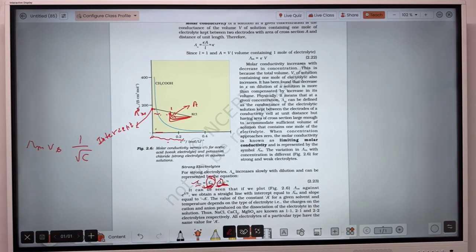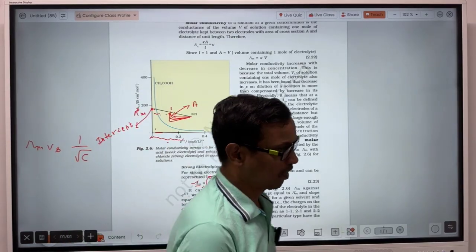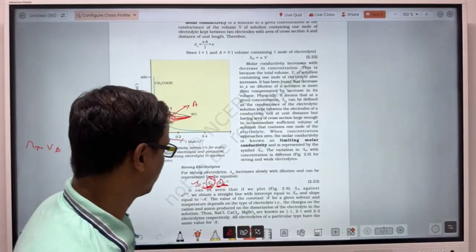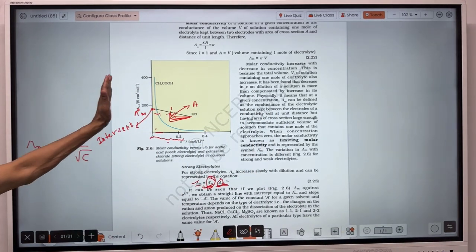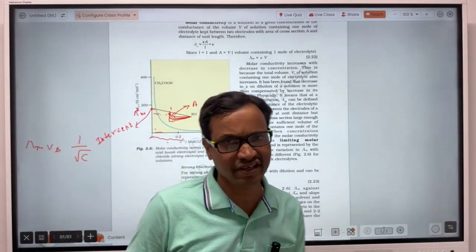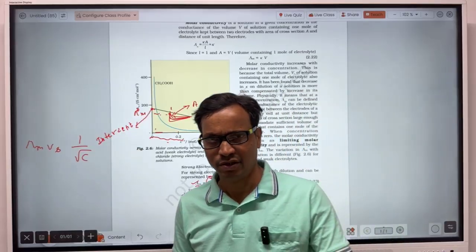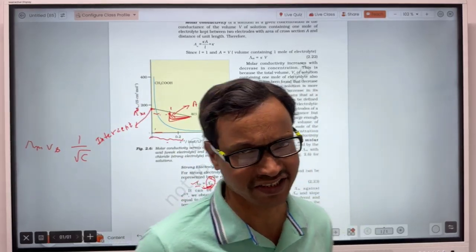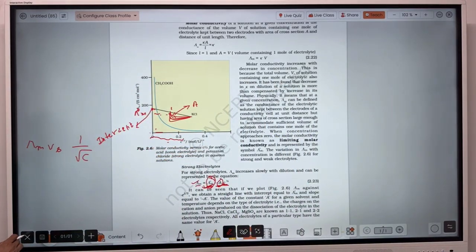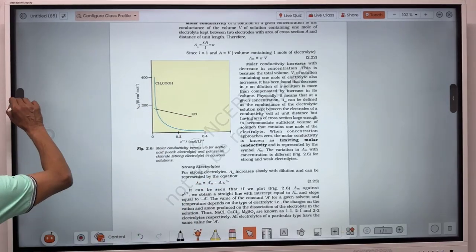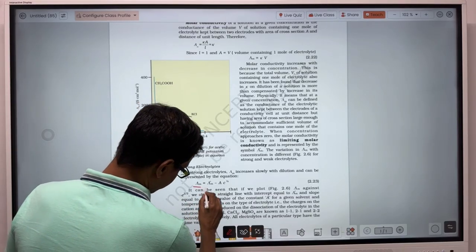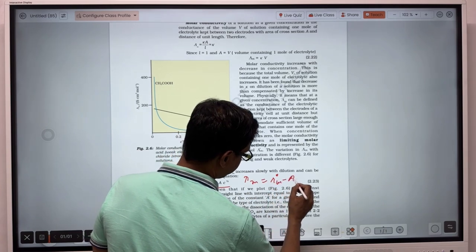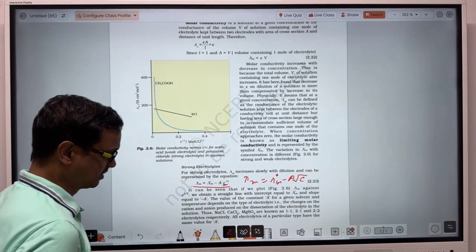That means on diluting the solution, the molar conductivity of a strong electrolyte will increase, and the relationship will be lambda m equals lambda degree m minus a root c, where c to the power half means under root c.